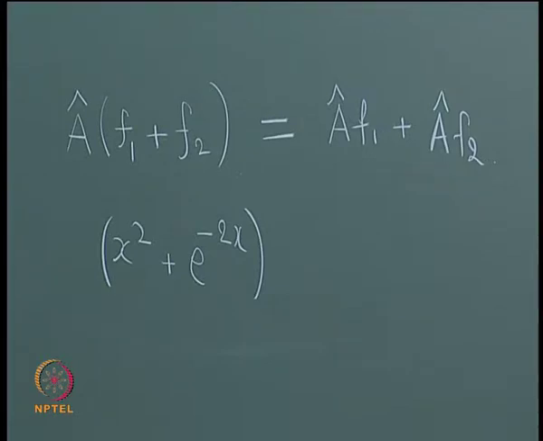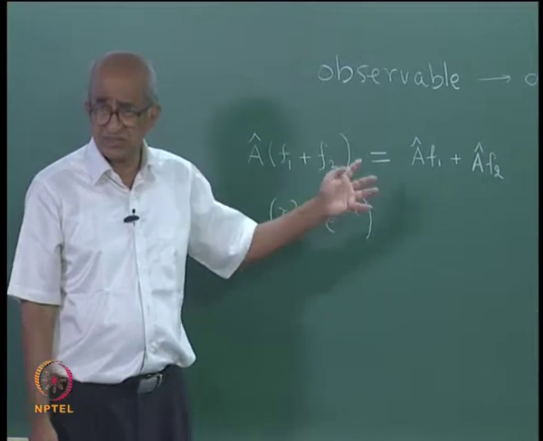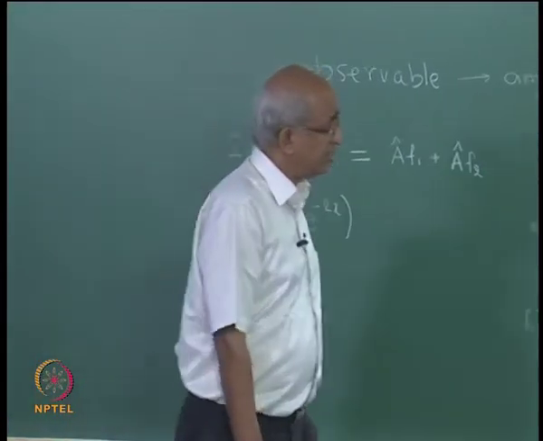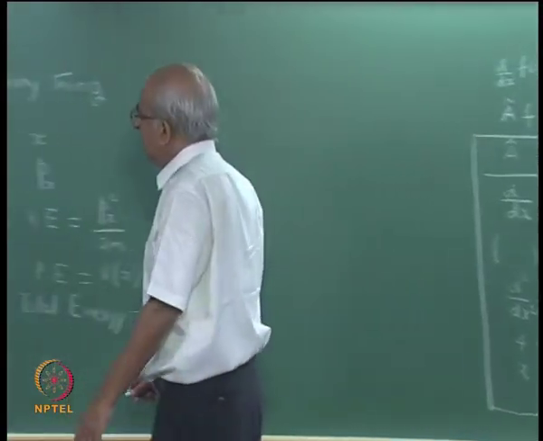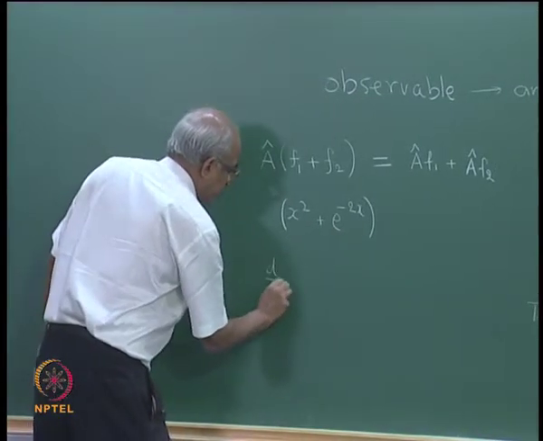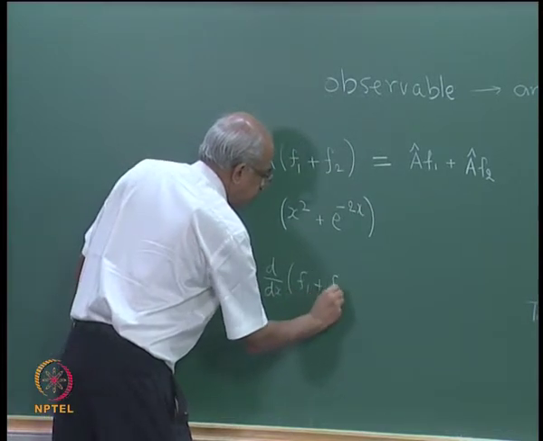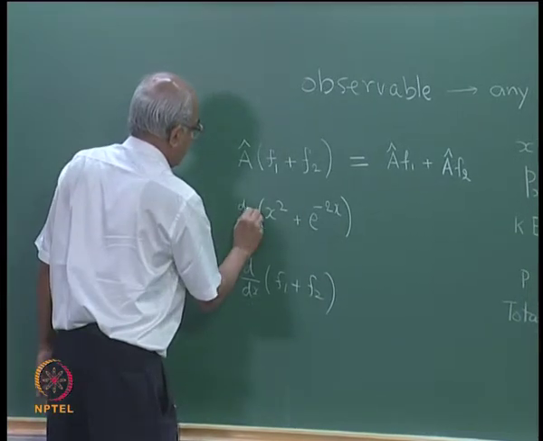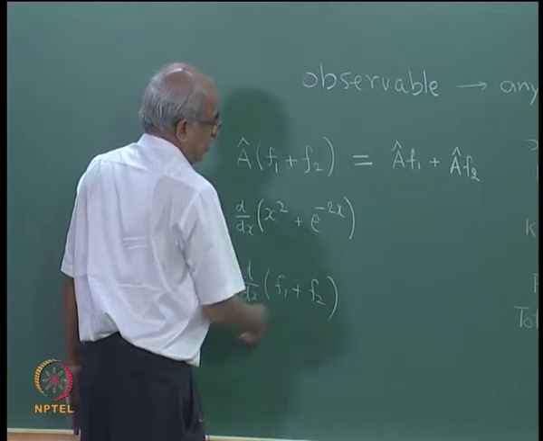Now you may ask a question like, is it not obvious that this should always be satisfied? The answer is no, it is not always satisfied. For example, let us examine d by dx operating upon f1 plus f2. You can take a particular example, allowing d by dx to operate upon x square plus e to the power of minus 2x.